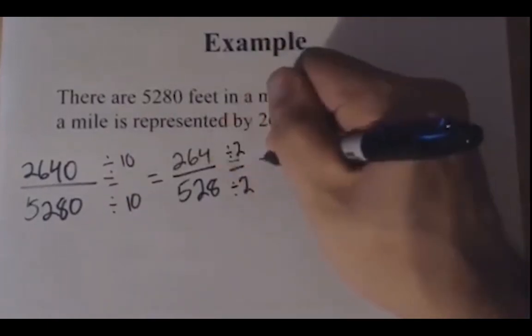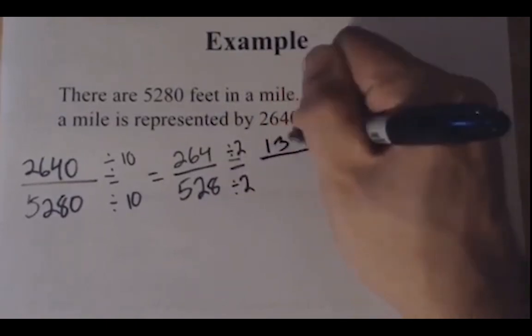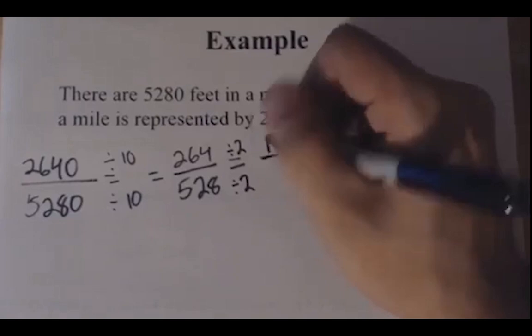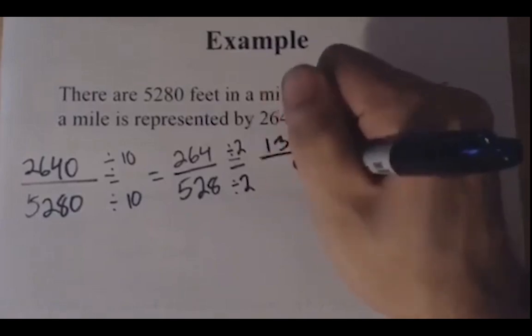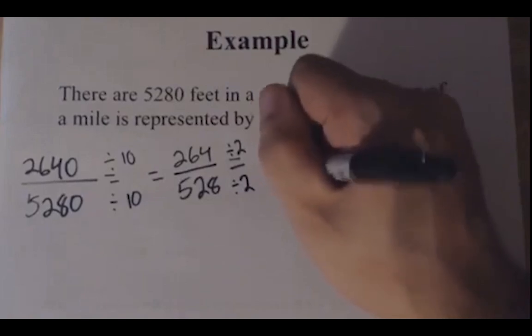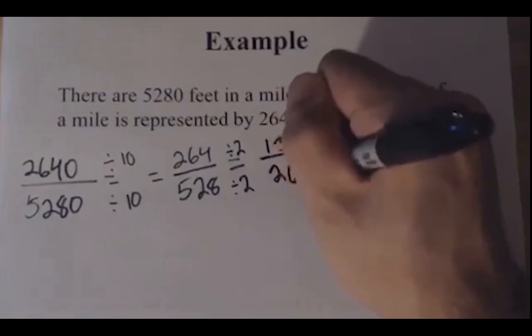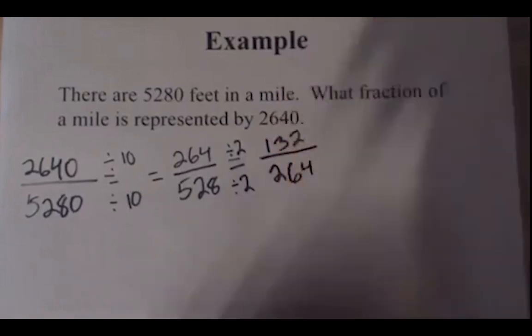So if we divide top and bottom by 2, we're going to get 132 over 264.